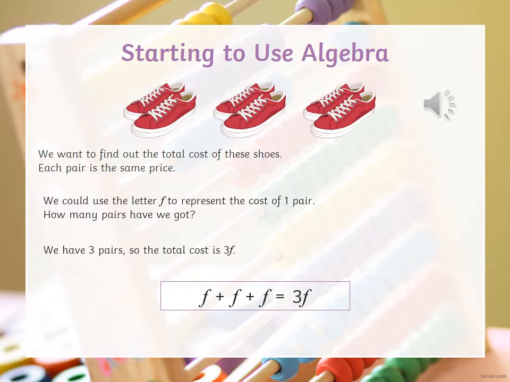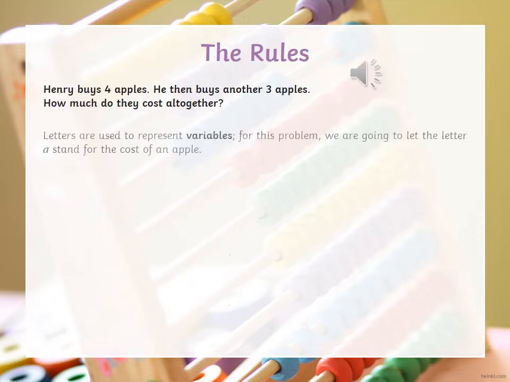How many pairs have we got? Yes, we have 3 pairs, so the total cost is F plus F plus F, which is equal to 3F. We add the 3 prices together, and we get 3F.